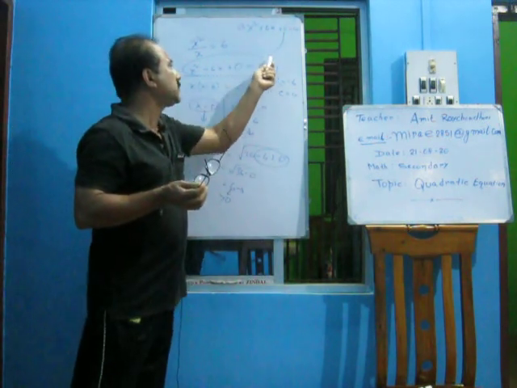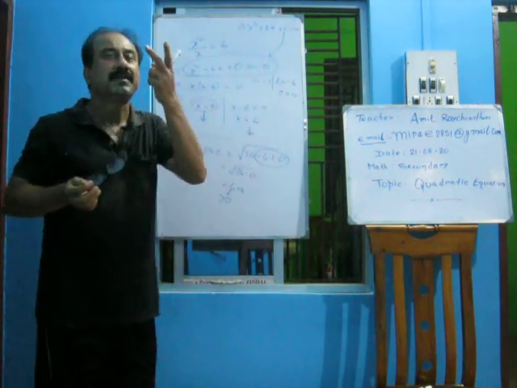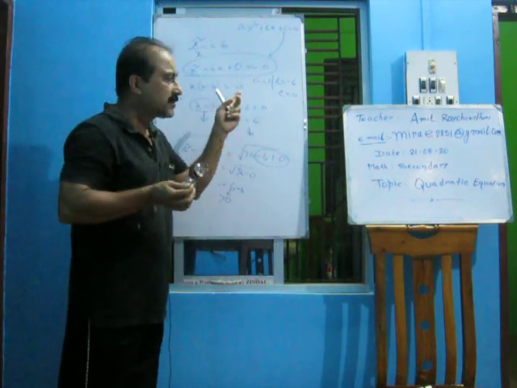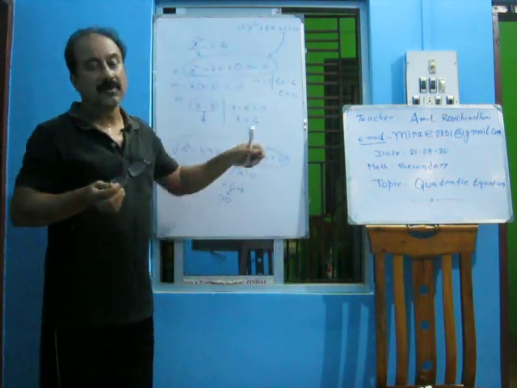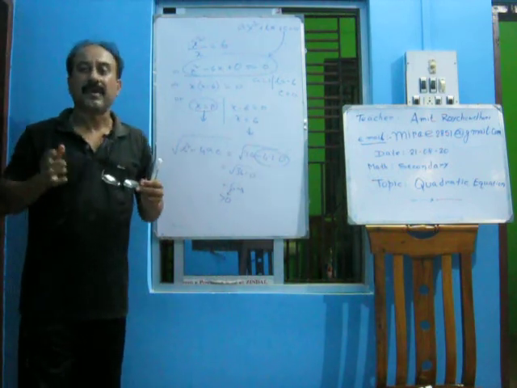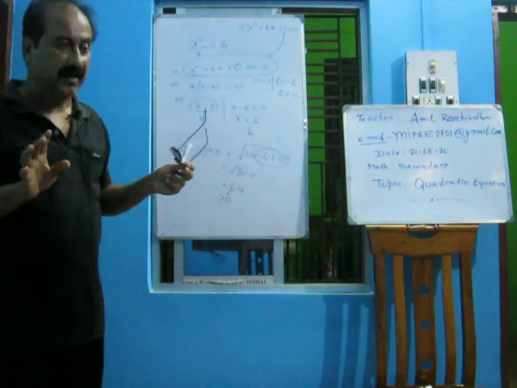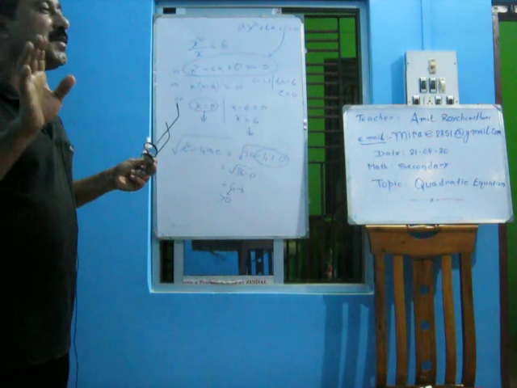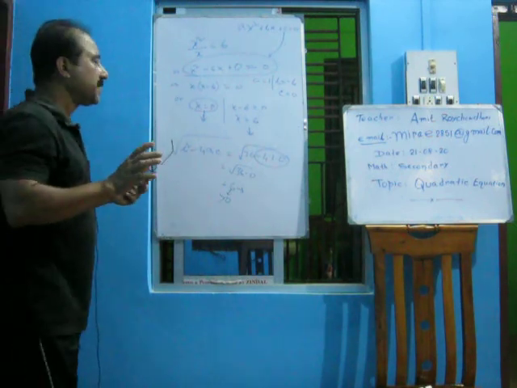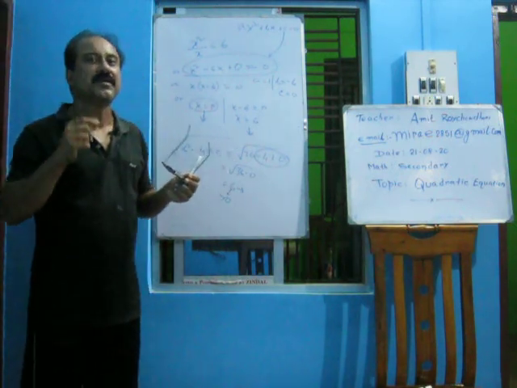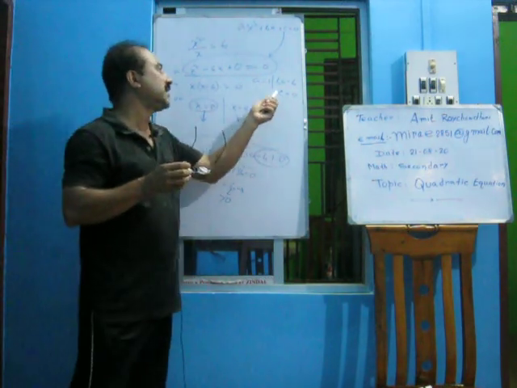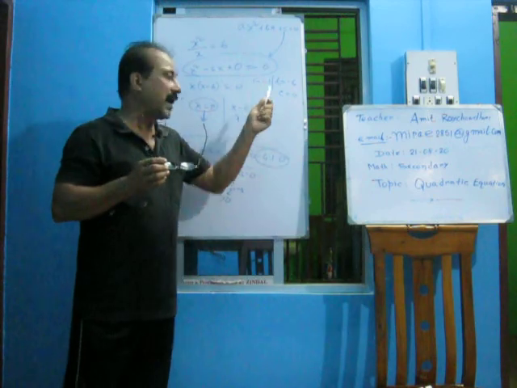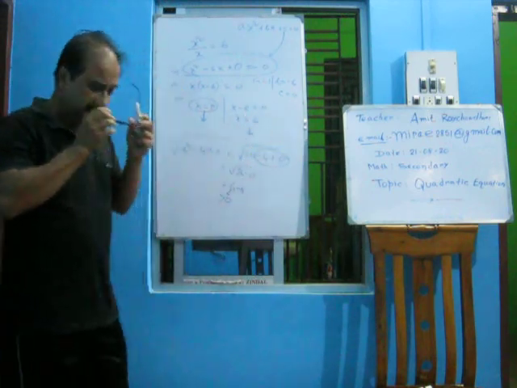So if students have seen anywhere that ax square plus bx equal to 0, that means c is 0. Thereby you can announce that one result is x equal to 0 and the other will be derived.